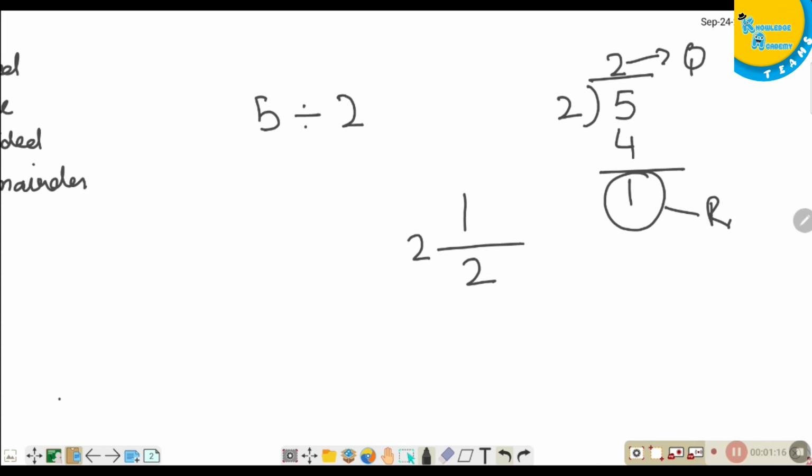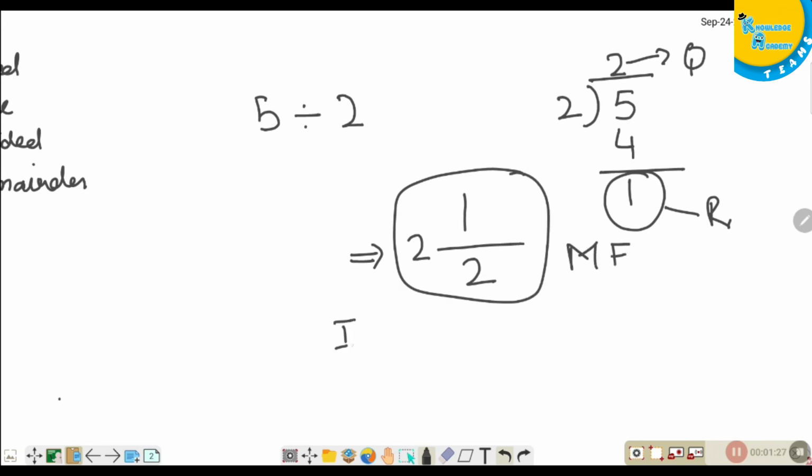And if I have to convert this mixed fraction into an improper fraction, what will I do? I will simply multiply 2 with the whole number and add the remainder. This is how we always convert. 2 multiplied by 2 is 4, and 4 plus 1 is 5 upon 2.